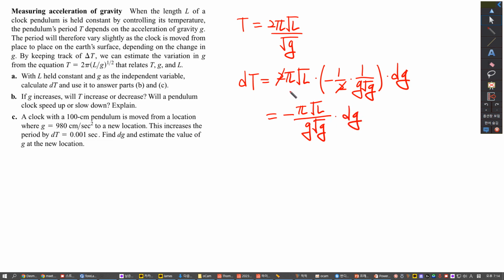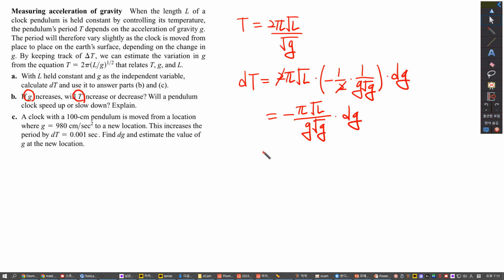Yeah, so using this equation, let's say in B, if g increases, that means dg is positive because g increases, the difference is positive. In such case, will T increase or decrease?